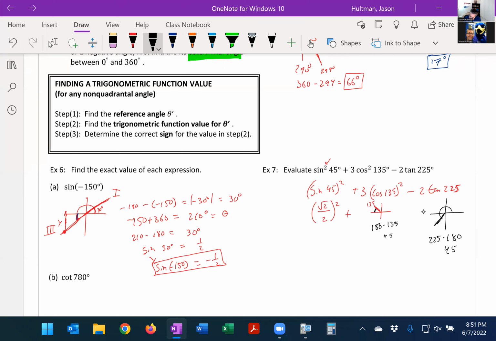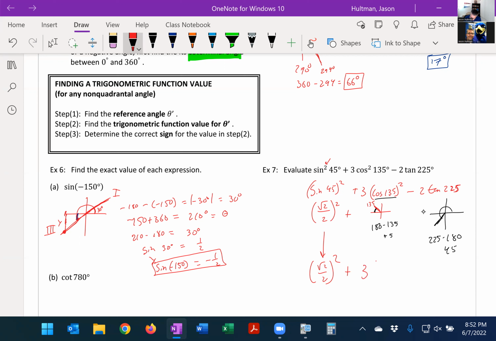The 135 is in quadrant 2, and the x values, or the cosine, is negative there. So I know that this is going to become radical 2 over 2 squared plus 3 times the cosine of 135, but again, the 135 is negative for x because it's in quadrant 2.